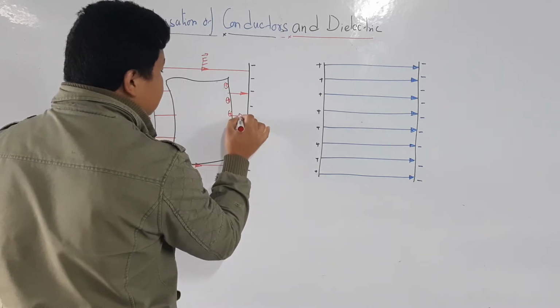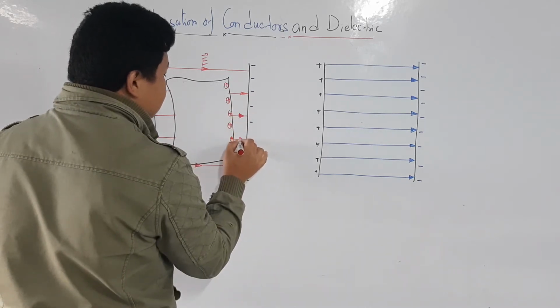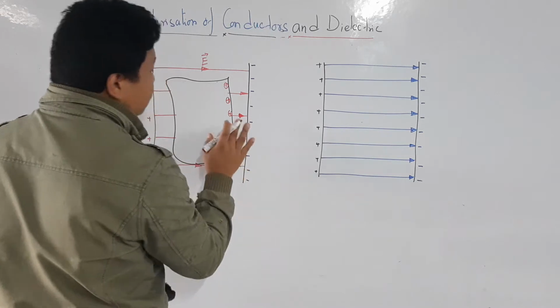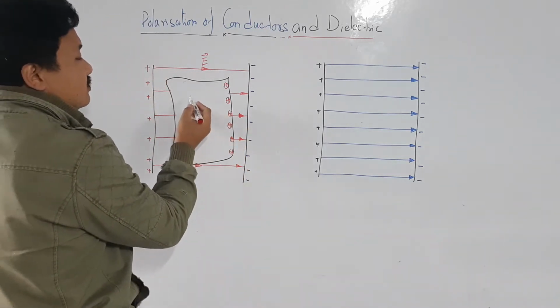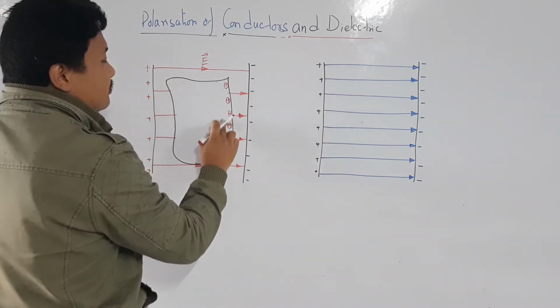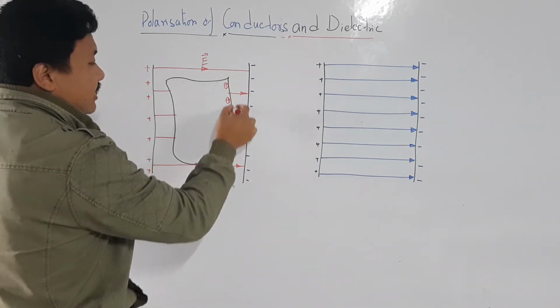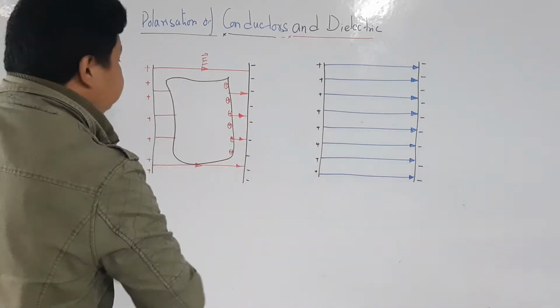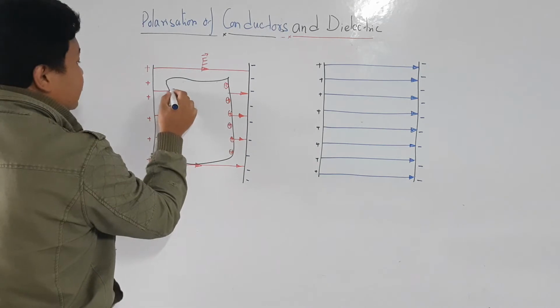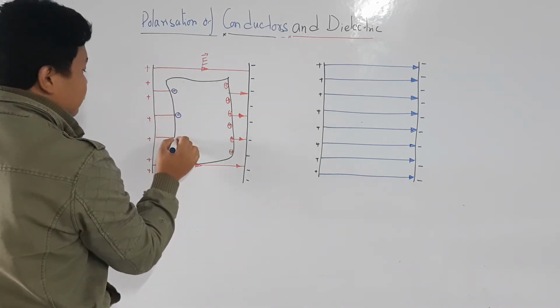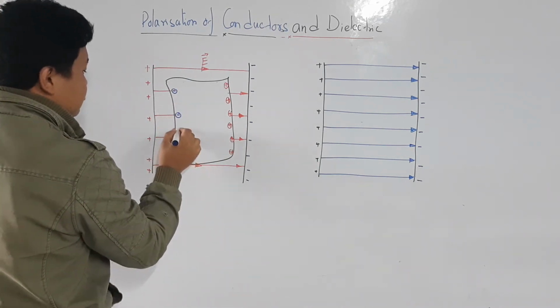The electric field is going in this direction. So all the positive charges will be at this end, and all the negative charges will be at this edge.